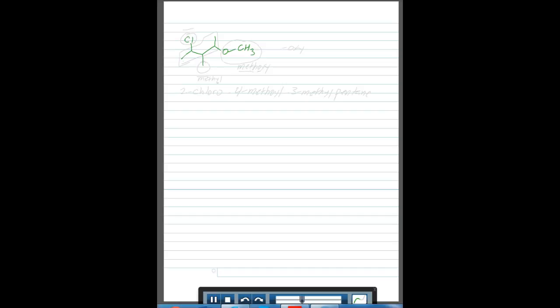It now becomes a substituent. So ignore the ether part, the oxygen methyl part, and just look for your longest continuous chain and what functional group you have. In this case, your longest chain is right here. You have a chloro, a methyl, and then this substituent.